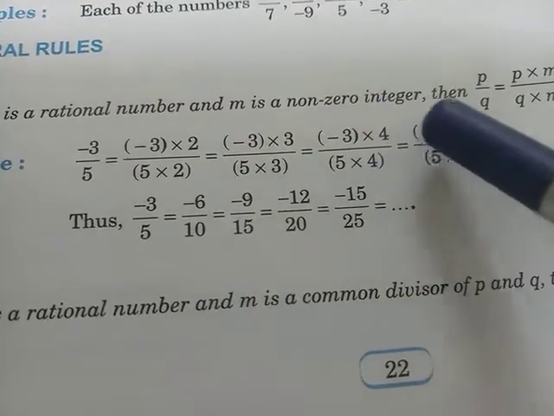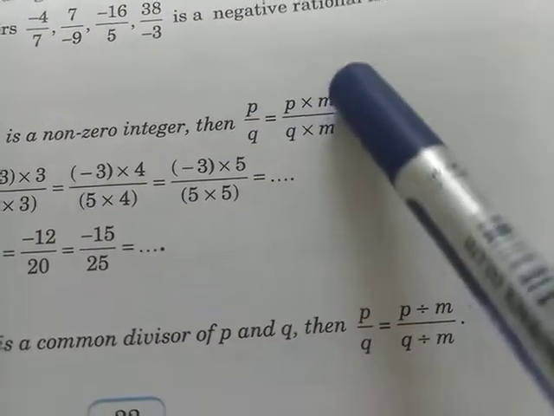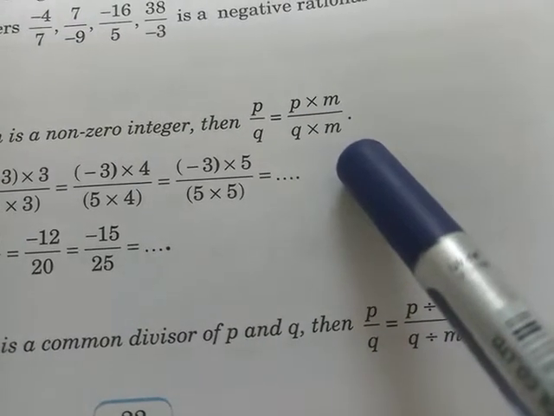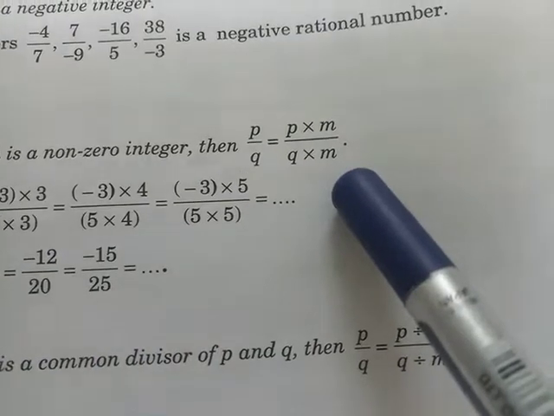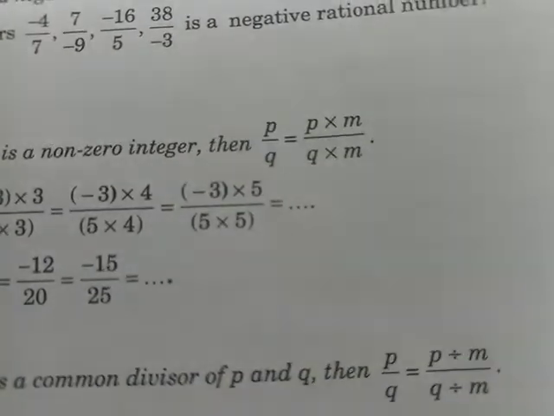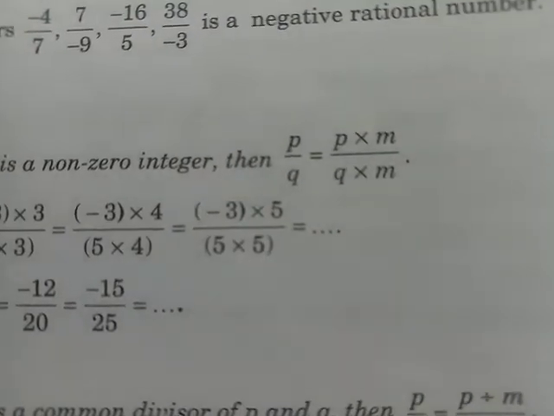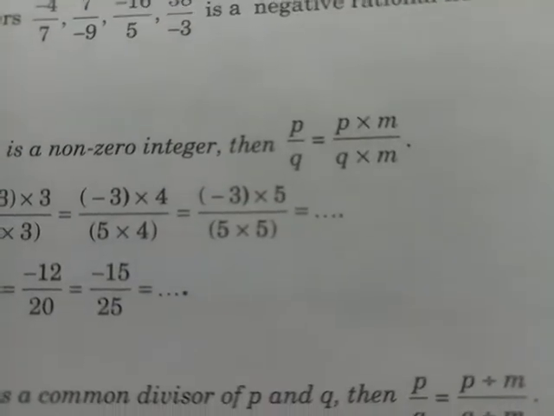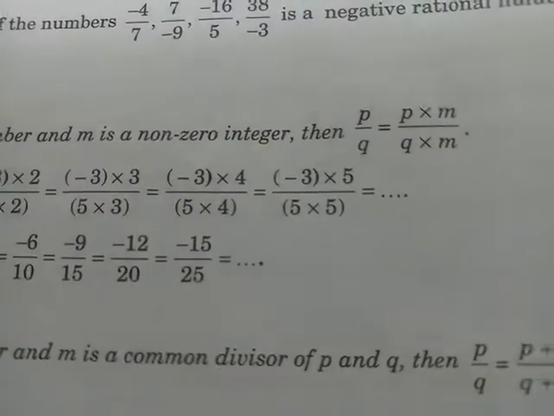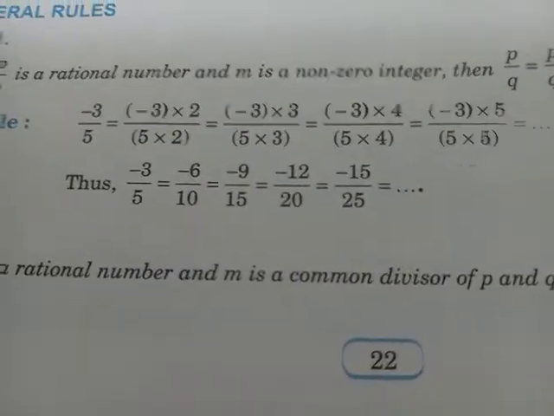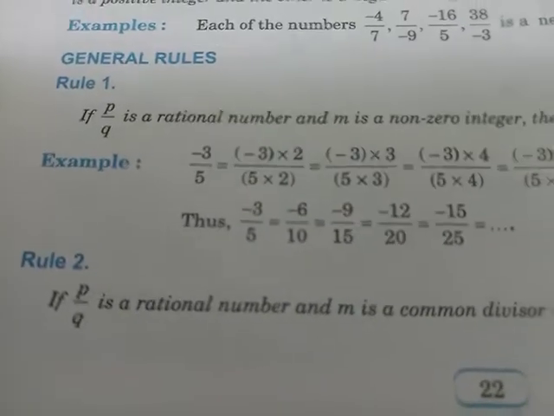Again with 4 we have multiplied. So if the numerator and denominator are both multiplied with the same number, then it is the same fraction or the same rational number. That means you can multiply the numerator and the denominator with the same number or the same integer, and it is going to be the same.